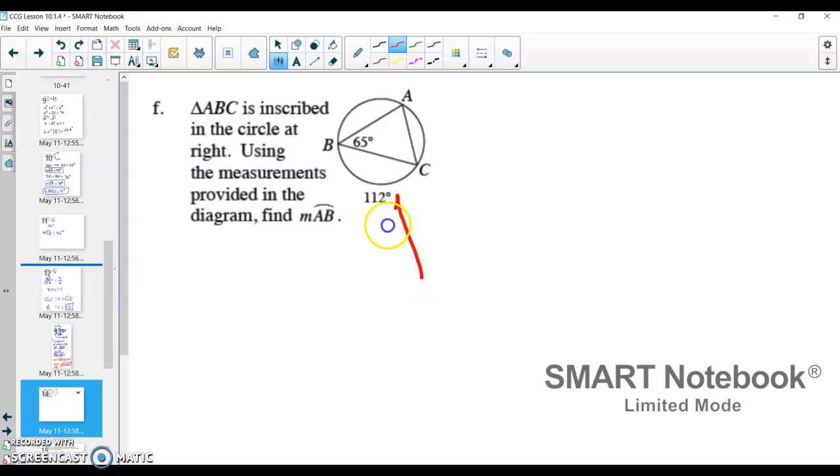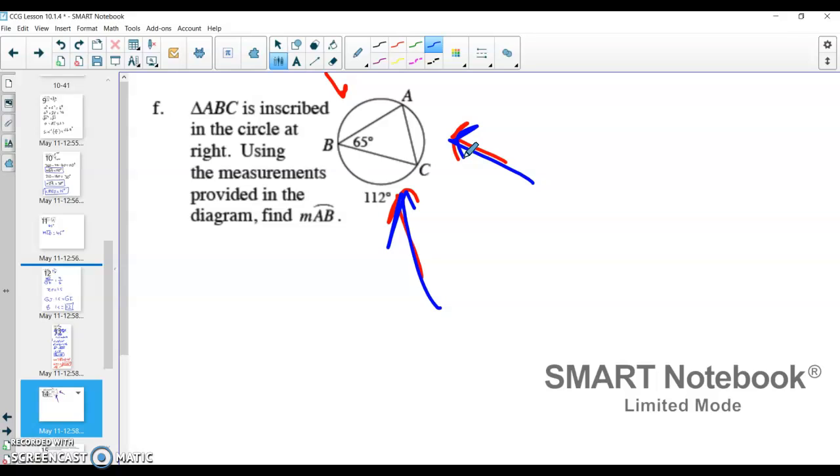We know that the arc measure of BC is 112. We can figure out the arc measure of AC pretty easily because we know an inscribed angle. And then all we need to do is figure out that last part. So we'll take 360 minus the 112 minus our arc measure from here, and whatever's left is going to be AB.